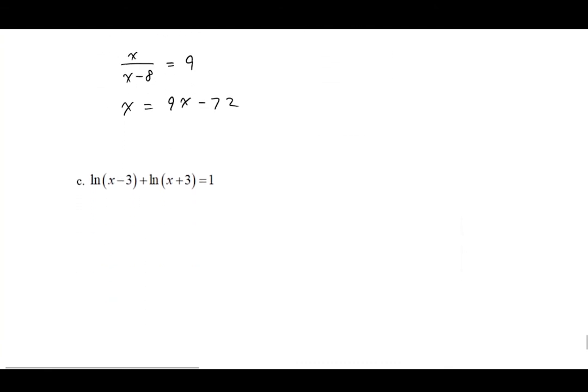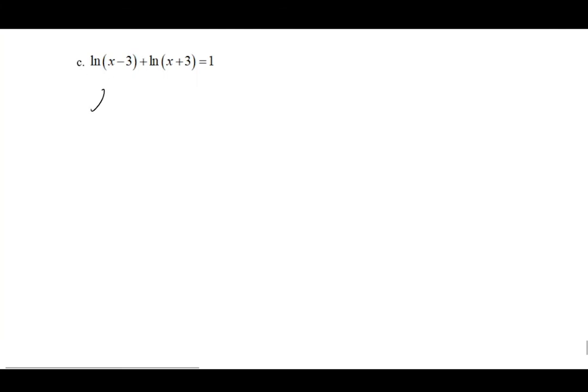Okay, lastly, this problem. This time we have plus here, so we have to multiply. So ln of x minus 3 times x plus 3 is equal to 1. Let's multiply that out. So that is ln of x squared minus 9 is equal to 1.